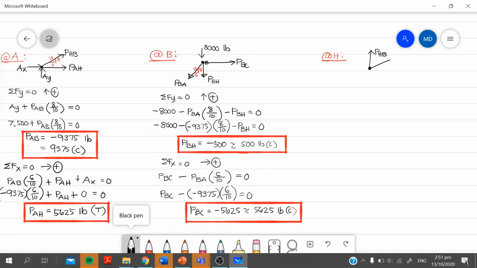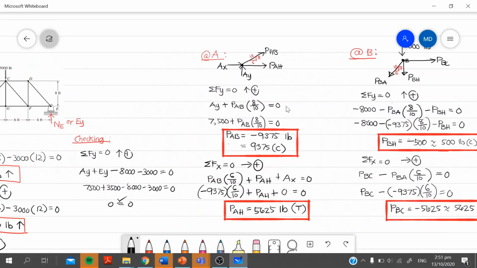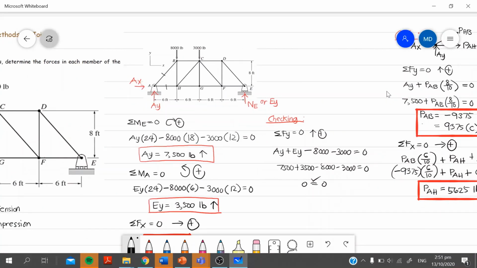This one is force HC. This one is force HG. And then sa left is force HA. Okay, look at joint H. Ito yung mga kumabit sa kanya. HB, HC, HG, and HA.